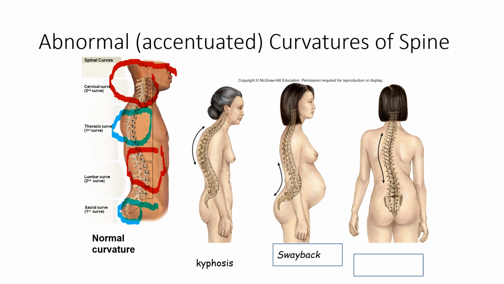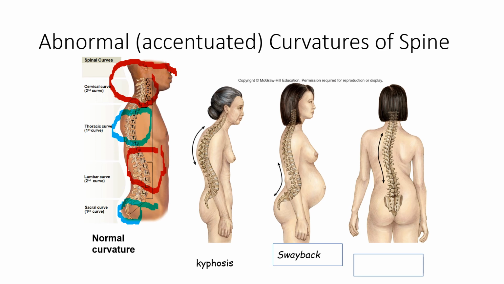On the next image, over onto the right, there is over-accentuation along the lumbar curve, and this typically develops during pregnancy.